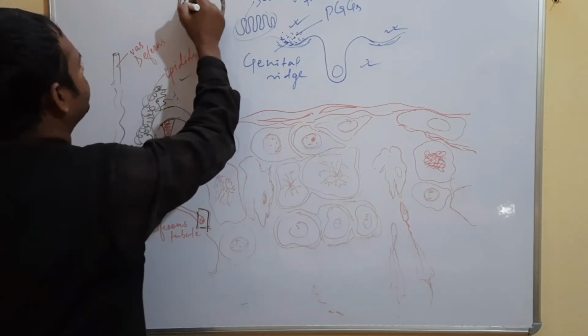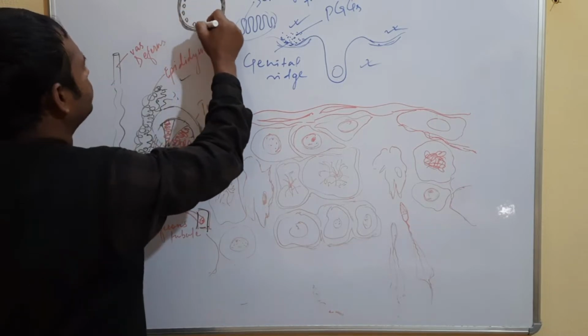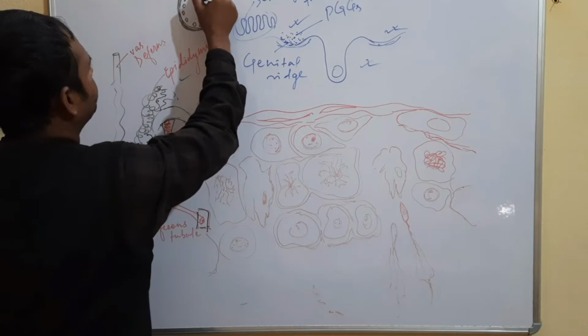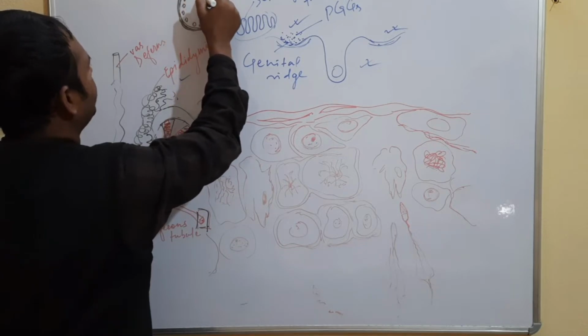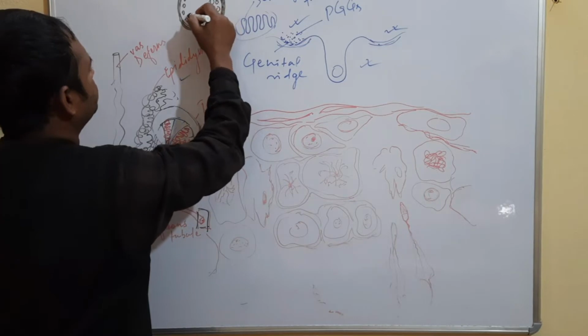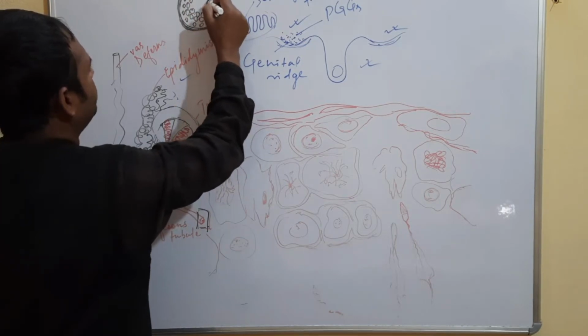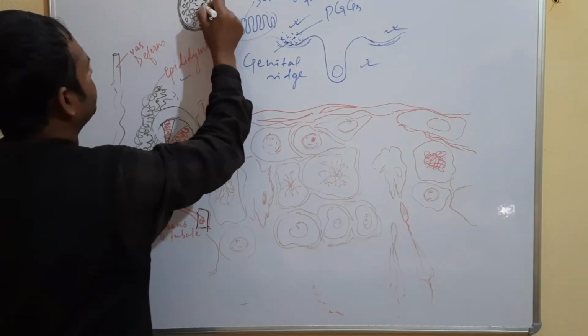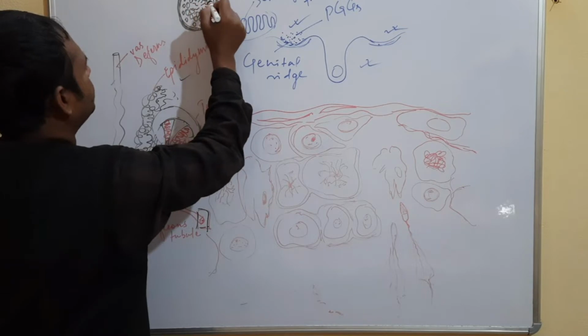Okay, and there are lots of various types of cells which are embedded toward the basal lamina of the seminiferous tubule. We will discuss after zooming into this picture, and this is what we are looking at here. This is the tail.